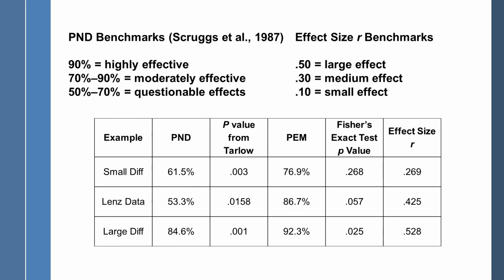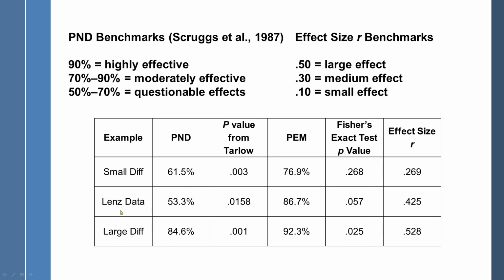So when we look at the benchmark standards for PND, which was provided by Scruggs et al., 90% or above is highly effective, 70 to 90% moderately, and 50 to 70% questionable effects. The PND, which I calculated in one of my previous videos for these data sets, does not seem to really accurately reflect what's going on.